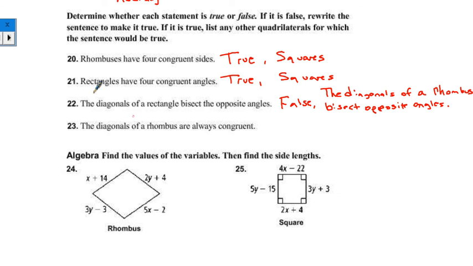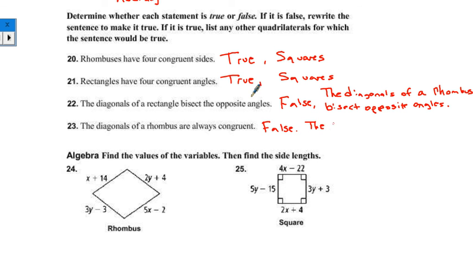So the next one, the diagonals of a rhombus are always congruent. Oh, that's definitely false, guys. Look at this rhombus down here. You can see that this segment is going to be shorter than this segment. Those diagonals do not have to be the same, but they do have to be the same in rectangles and in squares.